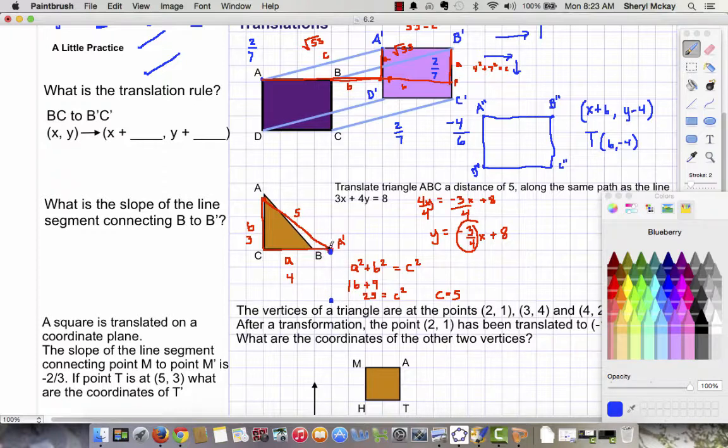And then I'm going to do the same thing for B, which is right here. And I'm going to go down 1, 2, 3, and over 1, 2, 3, 4. And I'm just going to double check the lengths. I don't think I did that right.